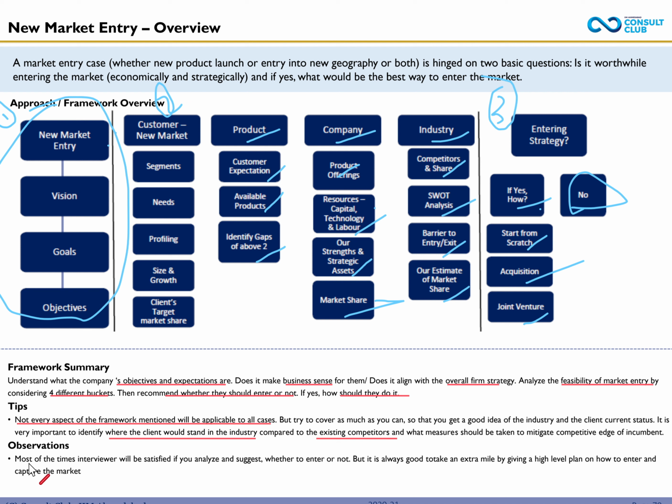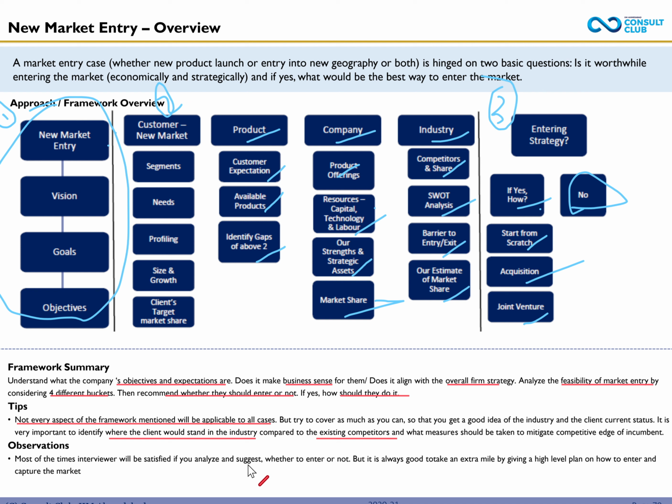Observations. Most of the time, the interviewer will be satisfied if you analyze and suggest whether to enter or not, but it is always good to go the extra mile by giving a high level plan on how to enter the market and capture the market.